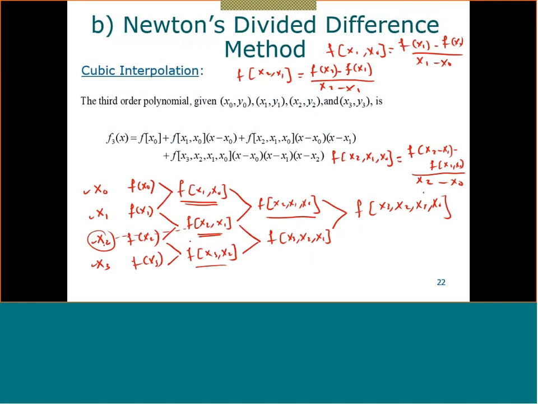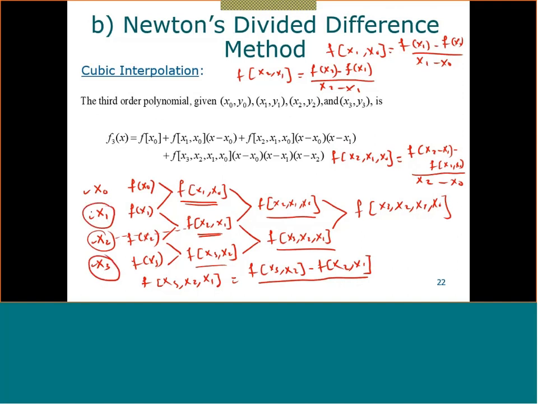Now let's see how I can find f of x3, x2, and x of 1. So this becomes this minus this, which is f of x3, x2 minus f of x2, x1 divided by the whole range, which is from x3 to x1, x3 minus x1, and so on and so forth.